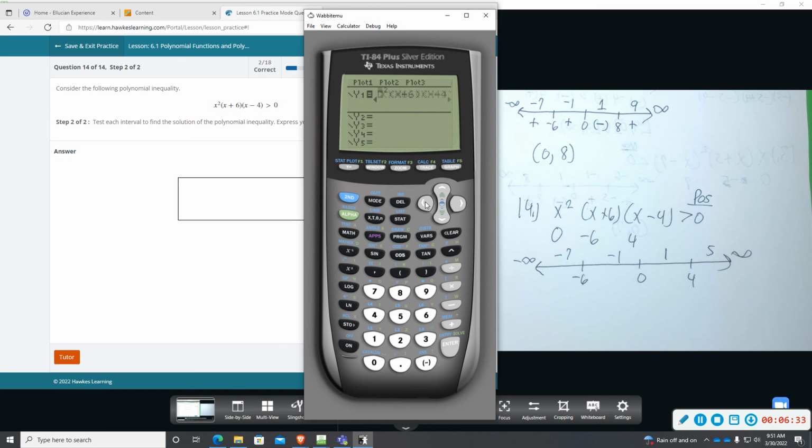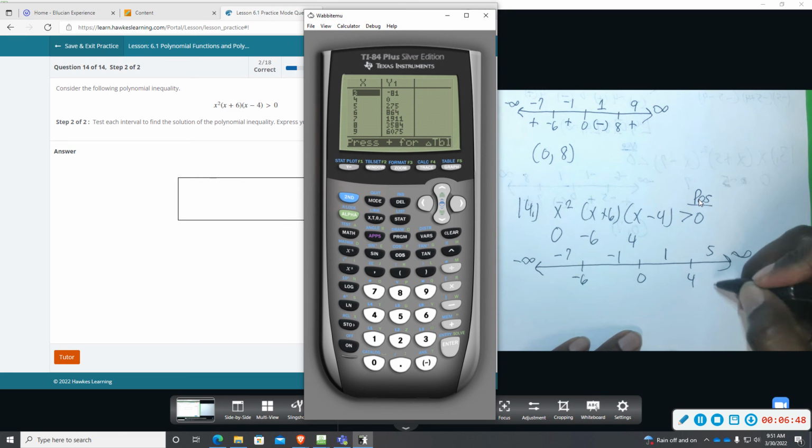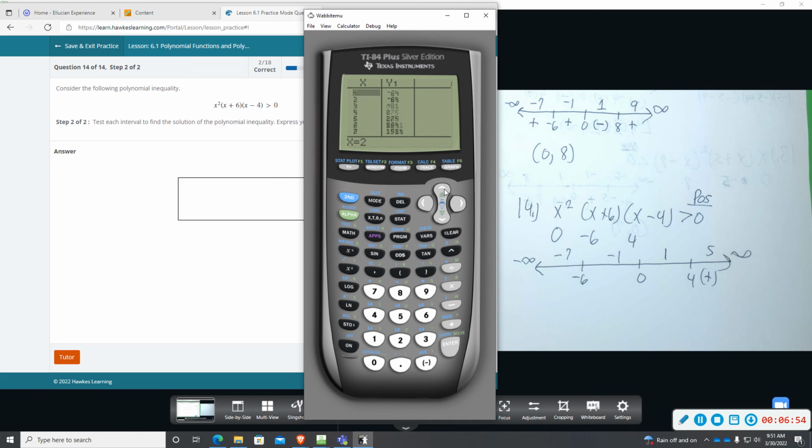Make sure you got it all correct. Second graph to see the table. I guess we're already on the positive side, so let's look at 5. 5 is giving me a positive. I'm looking for positive. We can look at 1. Let's go up. 1 is giving me a negative.